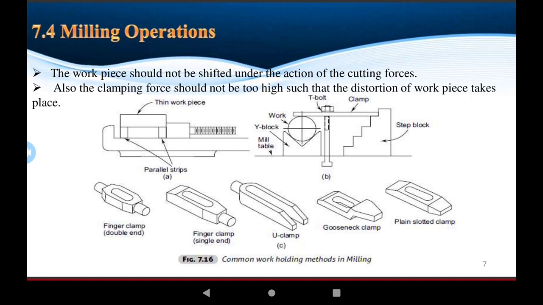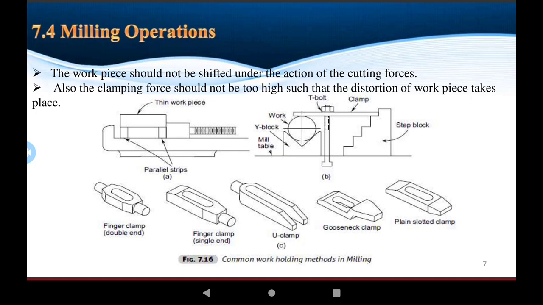Also, the clamping force should not be too high, such that distortion of the workpiece takes place.